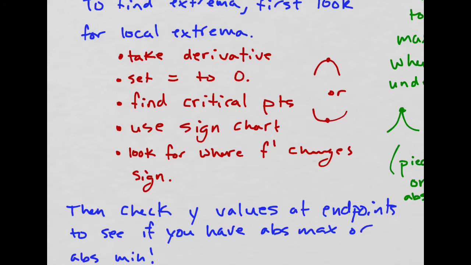You use a sign chart, look for where f prime changes sign. That's f prime goes from positive to negative or negative to positive. That means the function changes from increasing to decreasing or decreasing to increasing. So you could have a local extreme there.